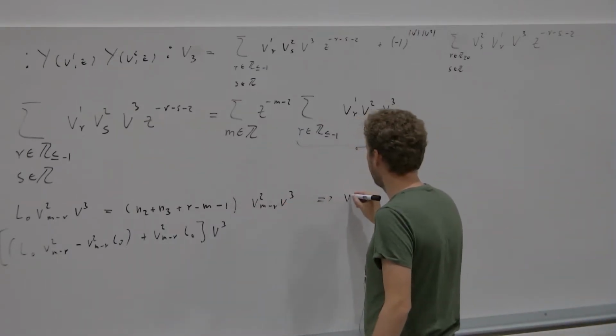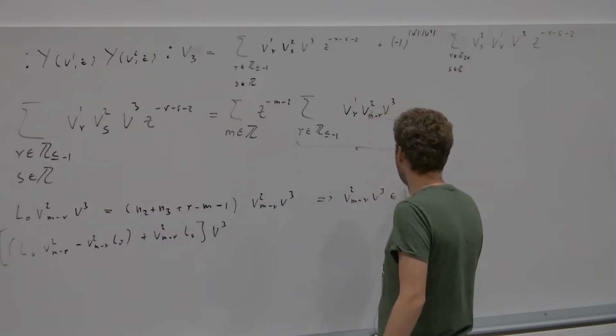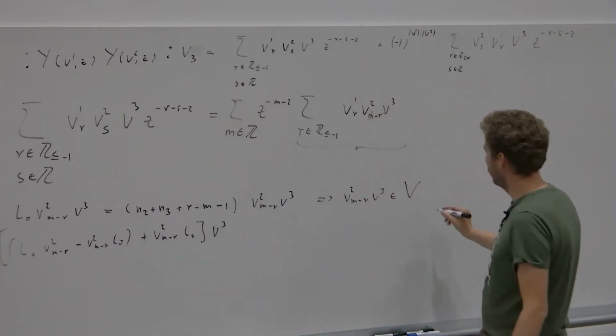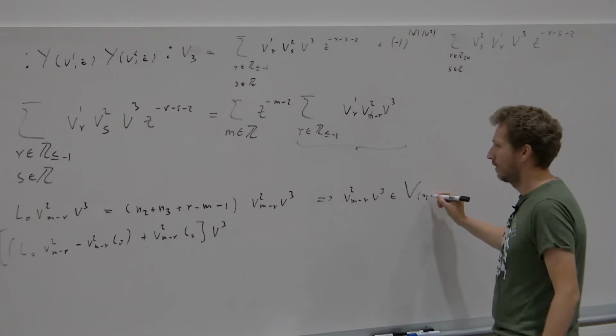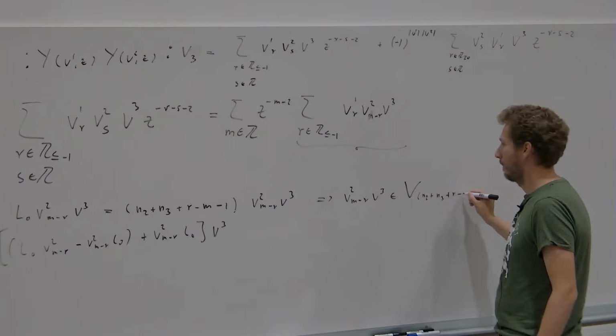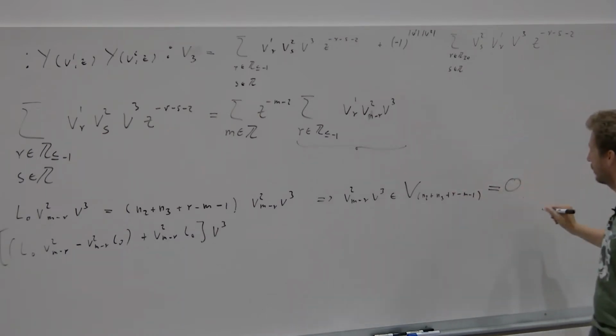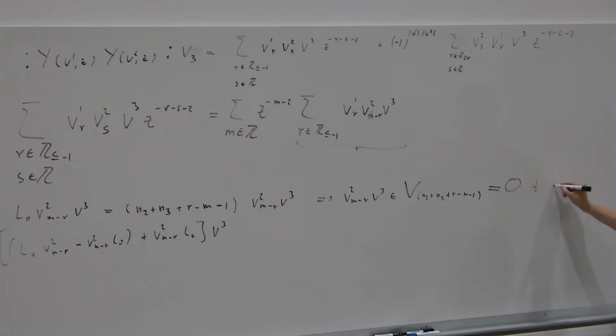It tells us that this vector here is in the eigenspace of this eigenvalue. But we know that this eigenspace vanishes if this eigenvalue is too small.